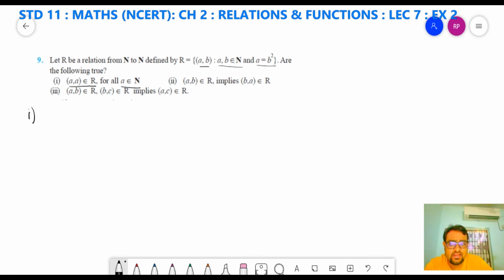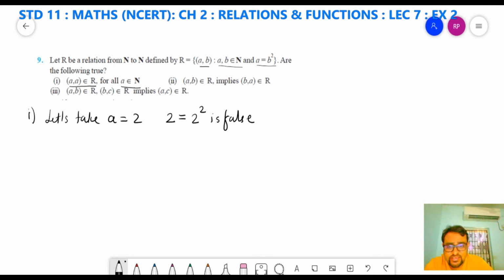Let's take a is equal to 2. Then 2 is equal to 2 square. Is it true? No, this is false.